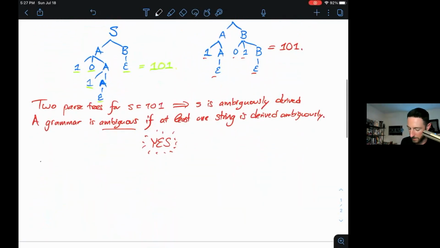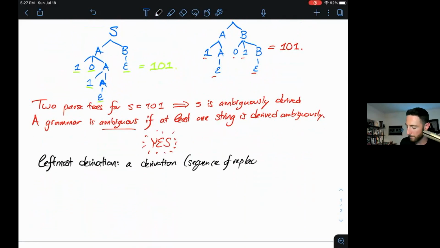I also want to remind us that a leftmost derivation is a derivation, so a sequence of replacements, in which we always replace the leftmost variable.